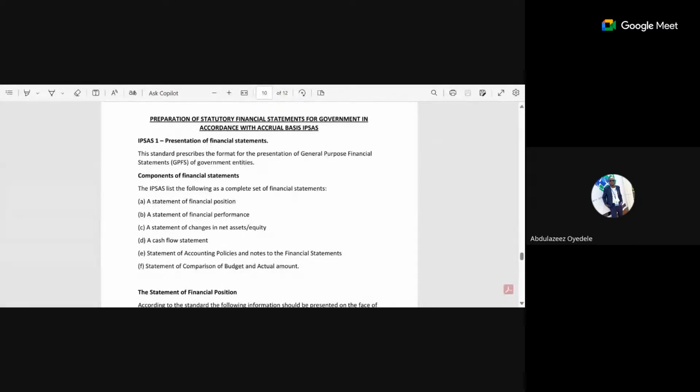Like I said earlier last week, in approaching this topic on preparation of financial statements, what you need to do is to understand the nature of each of these accounts that are expected to be prepared.